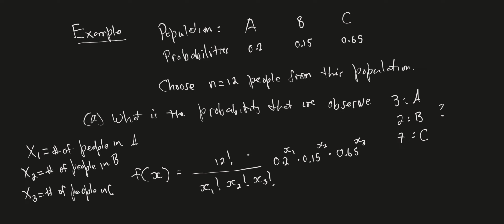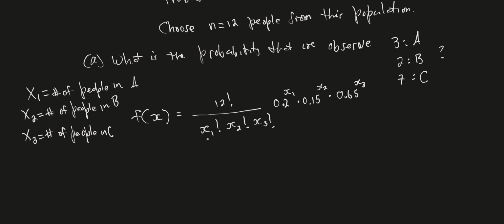All right. So now for this particular question, what it's asking is, what is the probability of observing 3, 2, 7 in that order? So when you write it like this, there is kind of that vector notation, right? So you're interpreting it saying, okay, I observe 3 occurrences in the first category, category A, 2 in the second, that's category B, and then 7 in the third, category C. So now we're going to plug in the numbers x1, x2, x3.